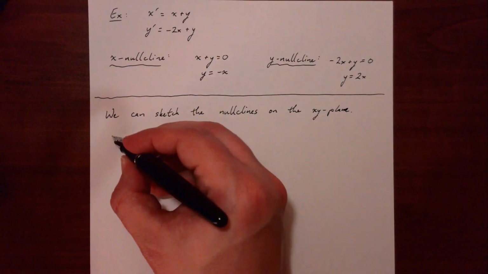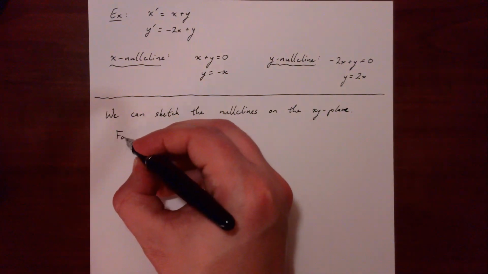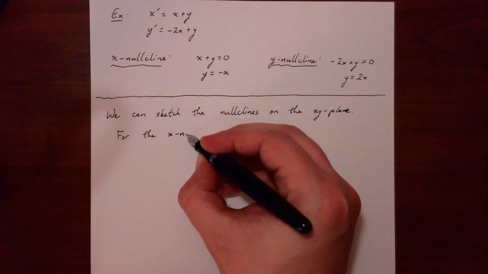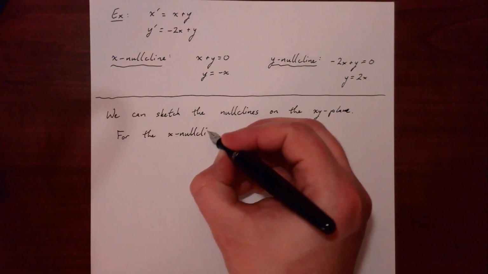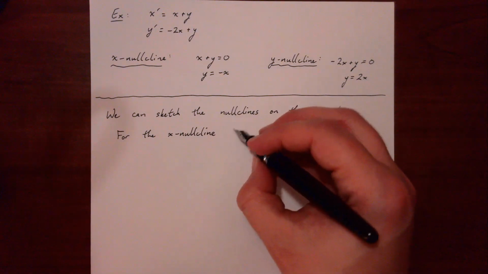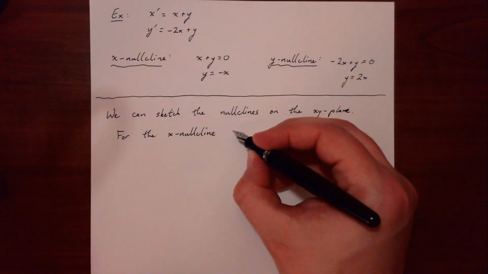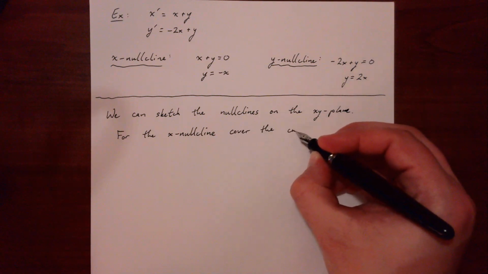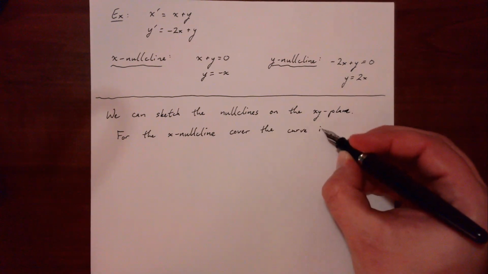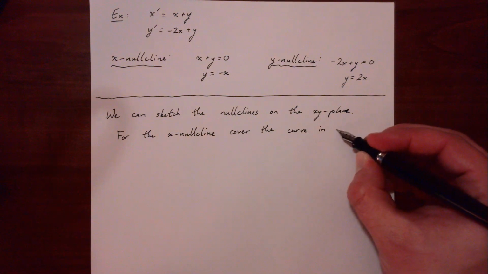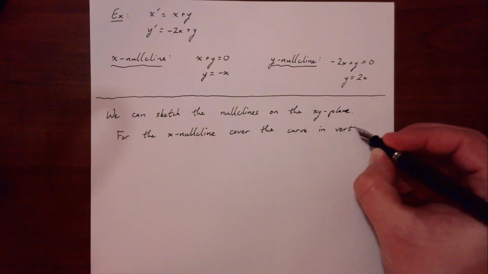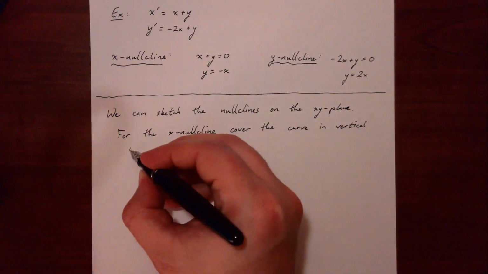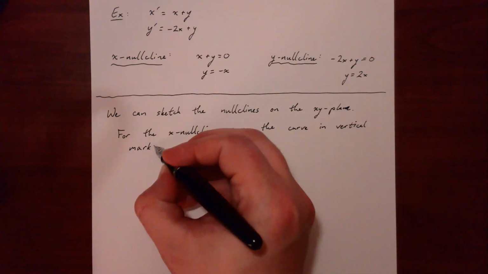For the x nullcline, cover the curve in little vertical marks. I'll show you what I mean.